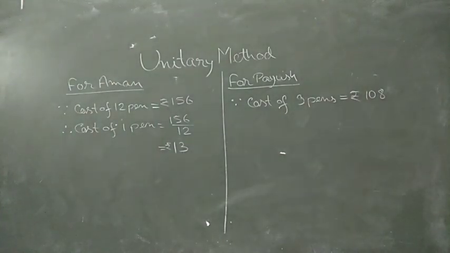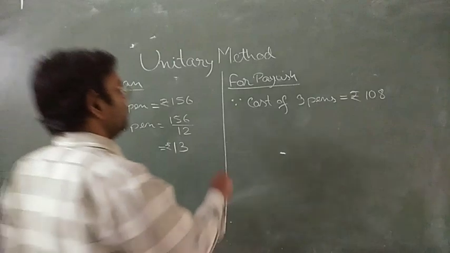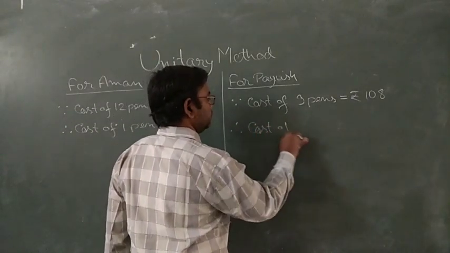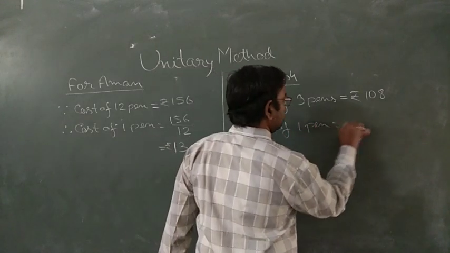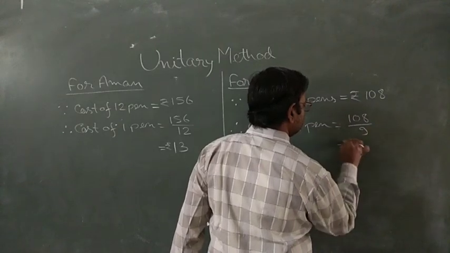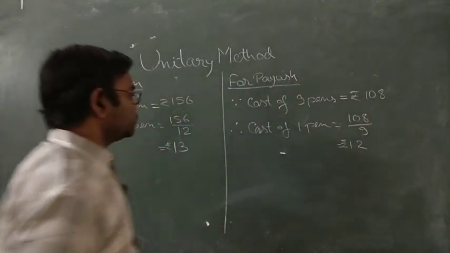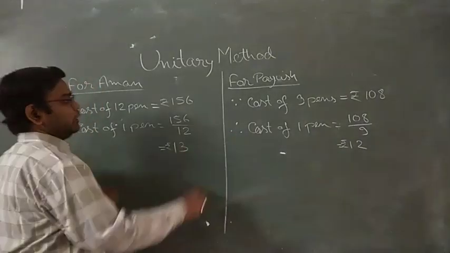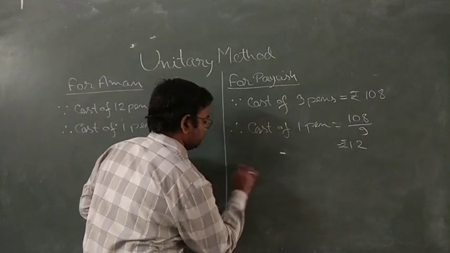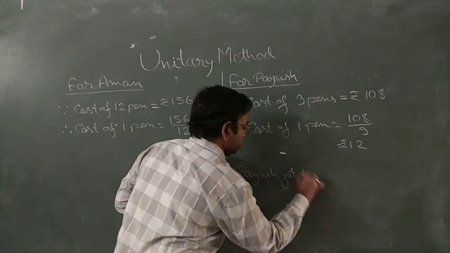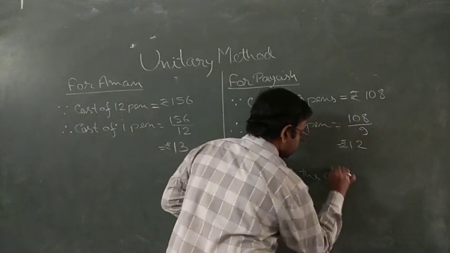Let me check. Yes. Therefore, cost of 1 pen equals to 108 upon 9. It's 9 1s are 9, 9 2s are 18, rupees 12. So the question says, who got the pens cheaper? From this and this we can compare that Pius got the less rate or cheapest rate.